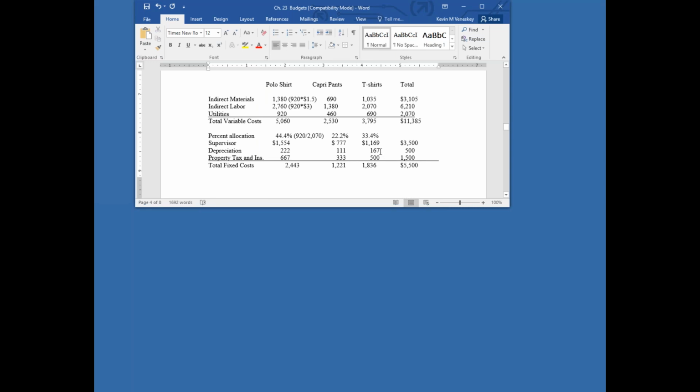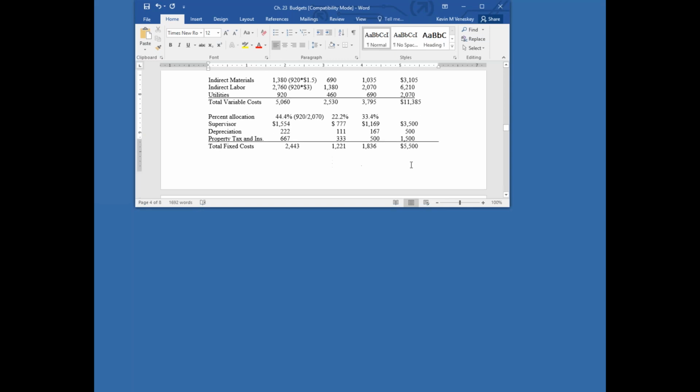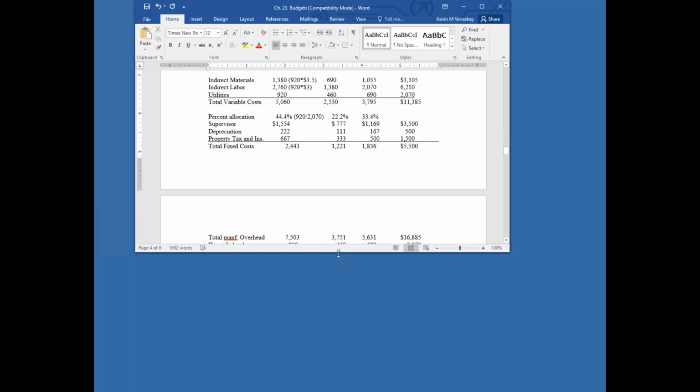Now that we've got these broken down, total variable cost, total fixed cost, we're going to combine them to get our total overhead, because we're still doing overhead here. $16,885 in total overhead.